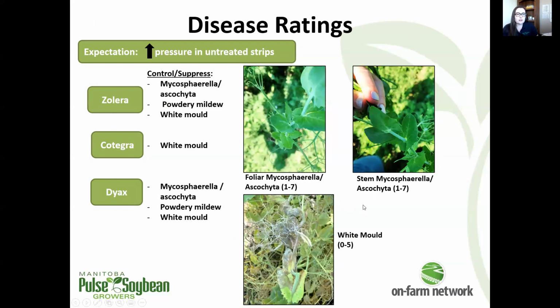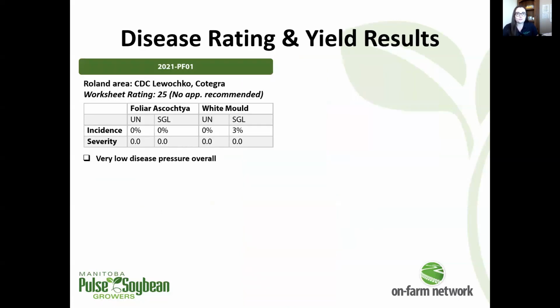Both are rated on a scale of 1 to 7, with increasing disease pressure as the number increases. So 1 is a healthy plant where we don't have any disease symptoms. We're also rating for white mold, should it be present, on a 0 to 5 scale. Generally speaking with peas, Mycosporella or Ascochyta is the disease of most concern for fungicide application, but we do investigate the white mold situation as well.